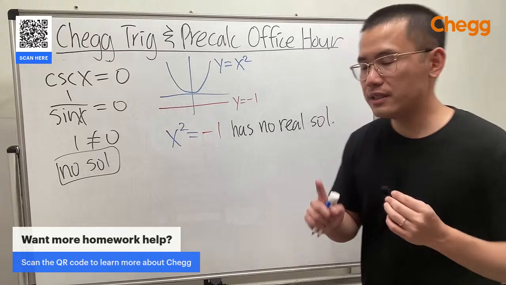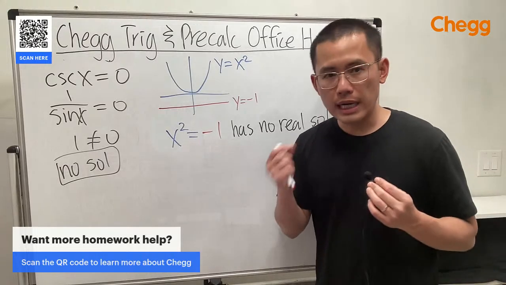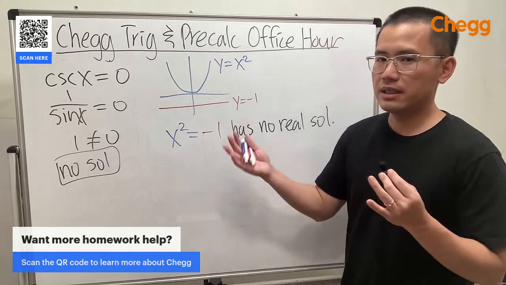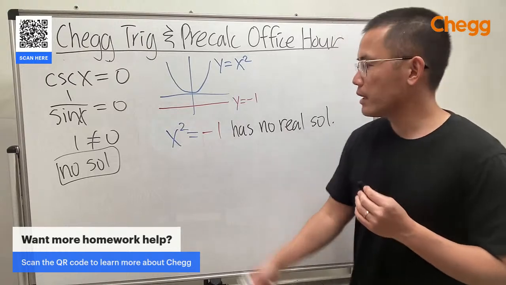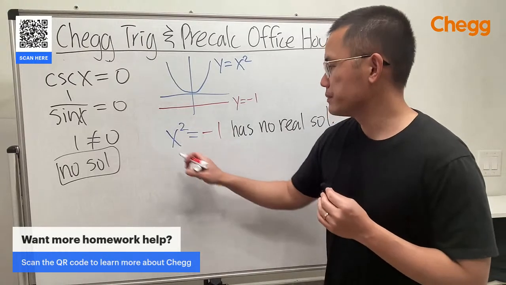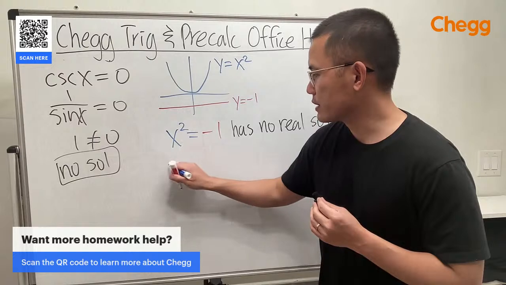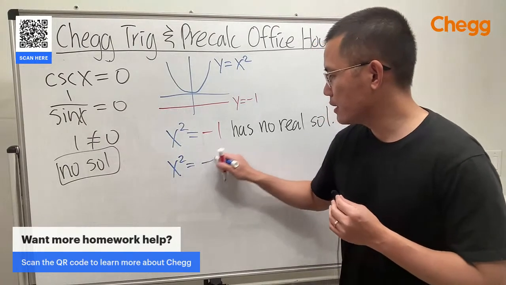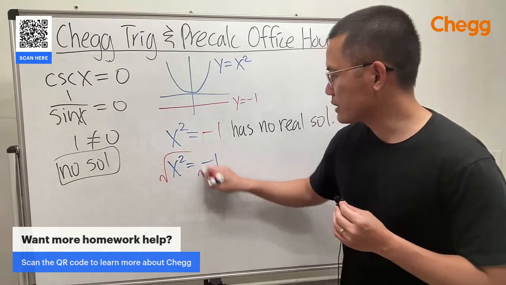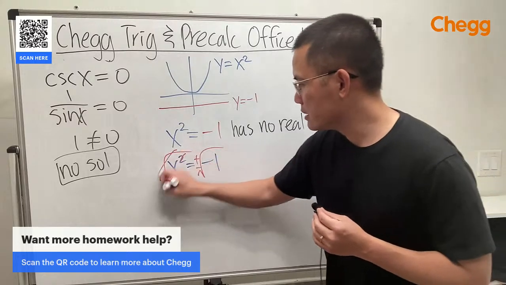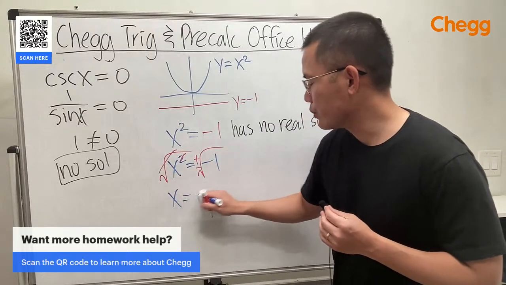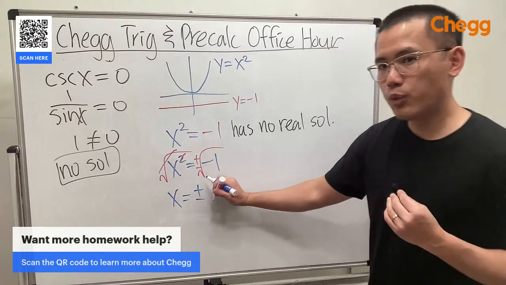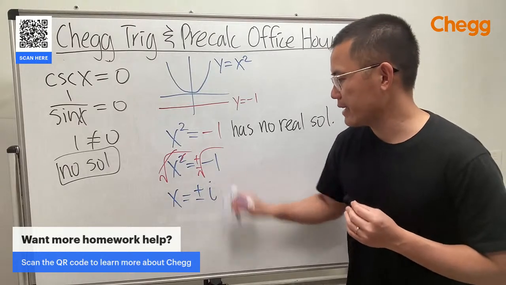Because the truth is, we do have the so-called complex numbers, or technically the imaginary numbers. Right here, if you want, you can take the square roots on both sides. Let me just write it down again. We can take the square roots of both sides, and then plus or minus x is equal to plus or minus square root of -1, which is i.